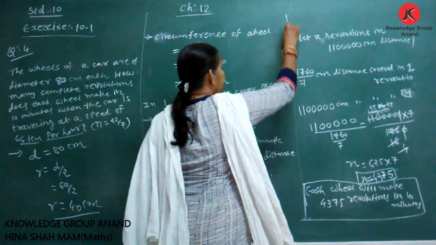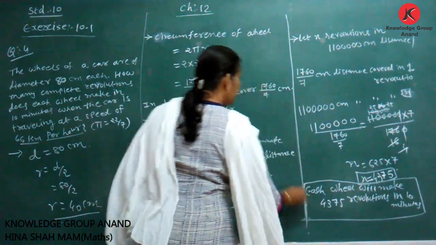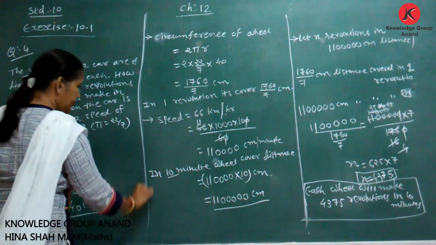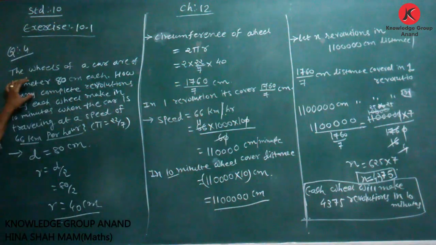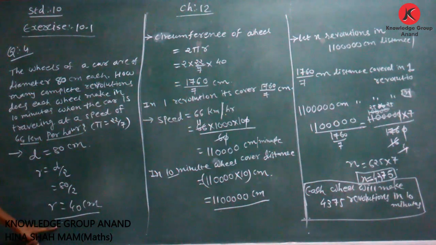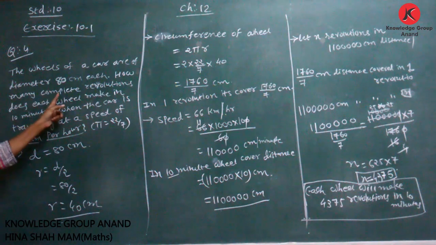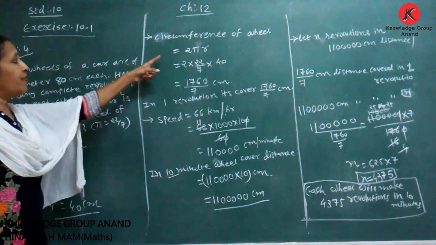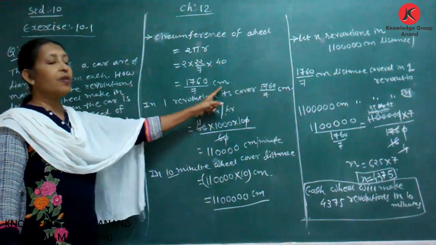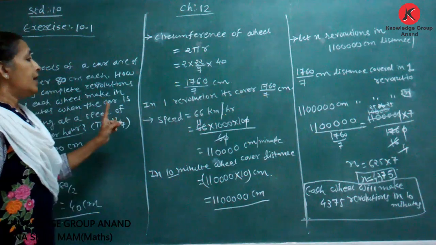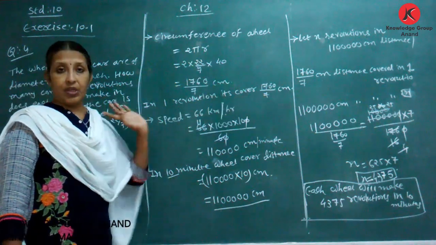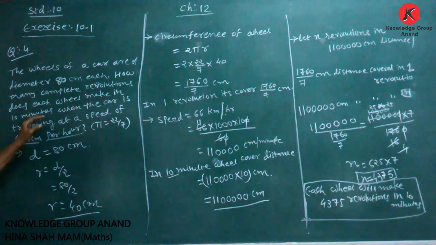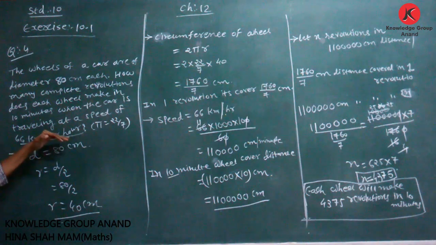Again this question. The wheels of the car are of diameter 80 centimeters, then we find radius 40 centimeters. How many complete revolutions? Revolution, that means its circumference. Therefore, we find here circumference 1760 upon 7 centimeter. In one revolution, it covers this centimeter distance. Its speed is given, speed is equal to 66 km per hour.